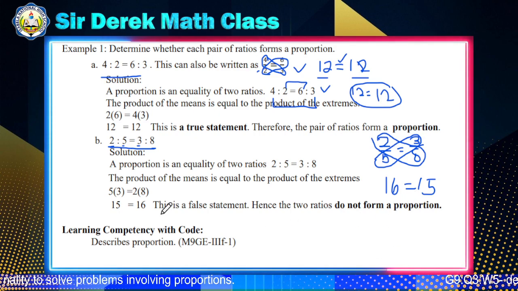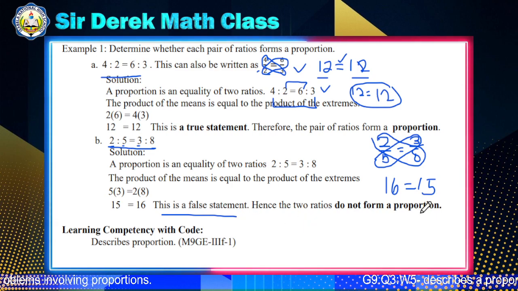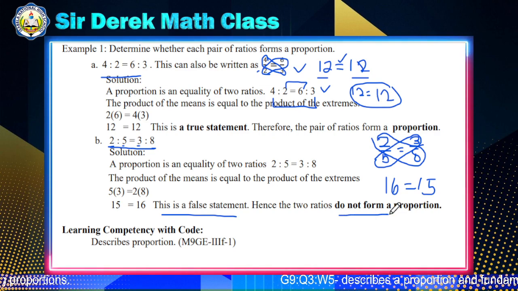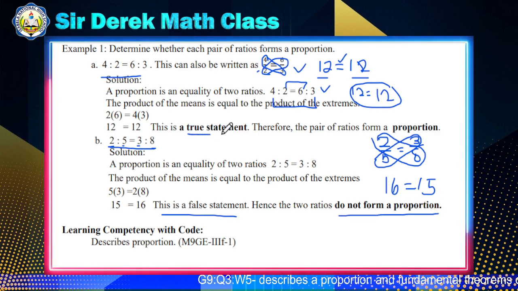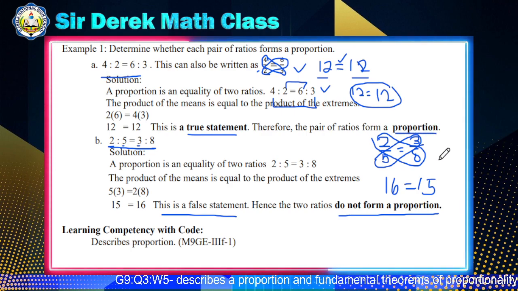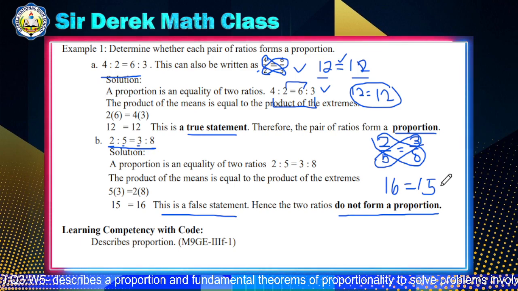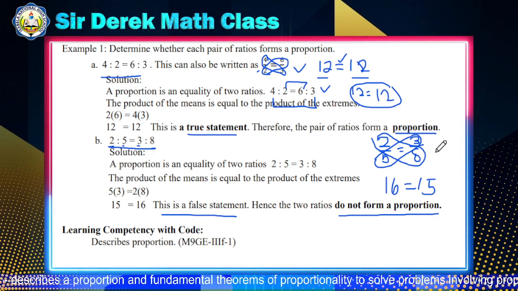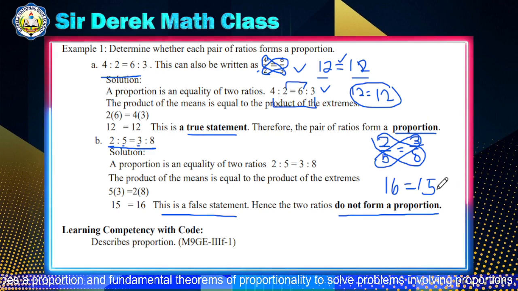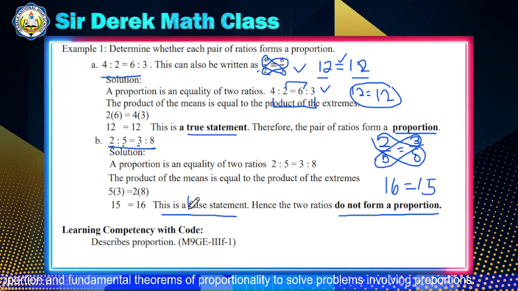This is a false statement. Meaning, the two ratios do not form a proportion. When it is a true statement, the ratios form a proportion. So we always consider the true statement, or we must have proportion. Because when it is false, that's negative.